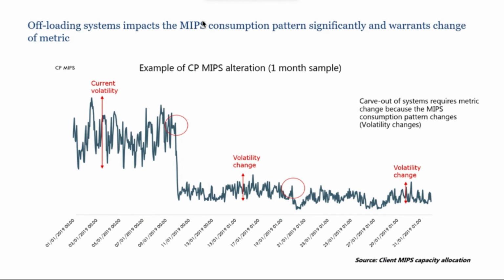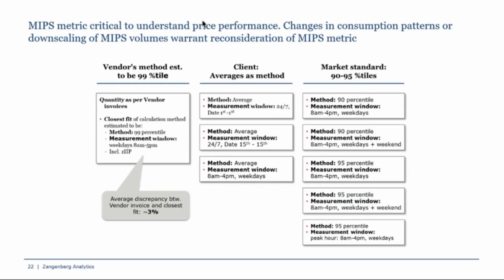I just wanted to touch on offload scenarios, and this is an example where we're looking at the changes in volatility or consumption over the course of a period. This is a big payment provider, and all of a sudden we expect that the volatility will change. That means we can look at different metrics. Many of you will, from the software side, of course be familiar with 4-hour rolling averages.